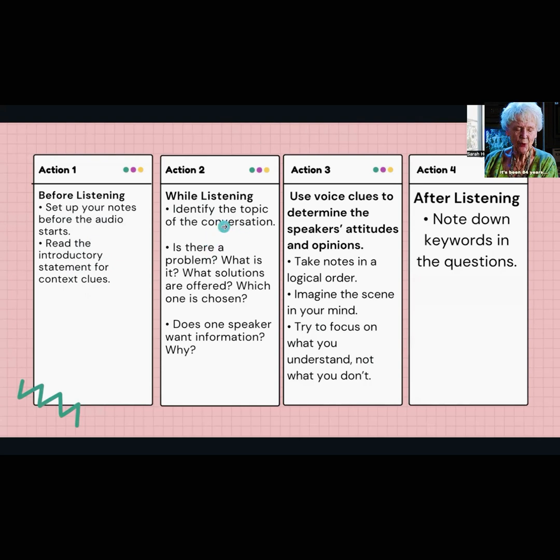So while listening, we want to identify the topic of the conversation, the WH questions. Is there a problem? What is it? And what solutions are offered, and which one is chosen? And does one speaker want information and why? And next, we want to use voice clues to determine speaker's attitude and opinions. So that is the inference that we were talking about.